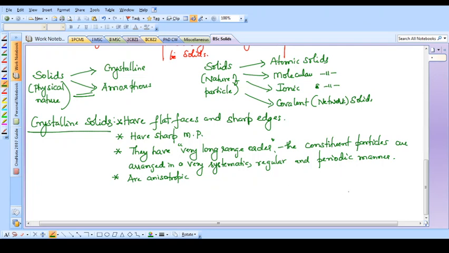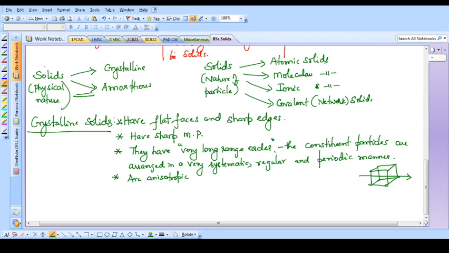For example, if I have a crystalline solid and I measure some property of it, for example the electric field or magnetic field, or the refractive index, in one particular direction, it may be an optical property, it has some value.